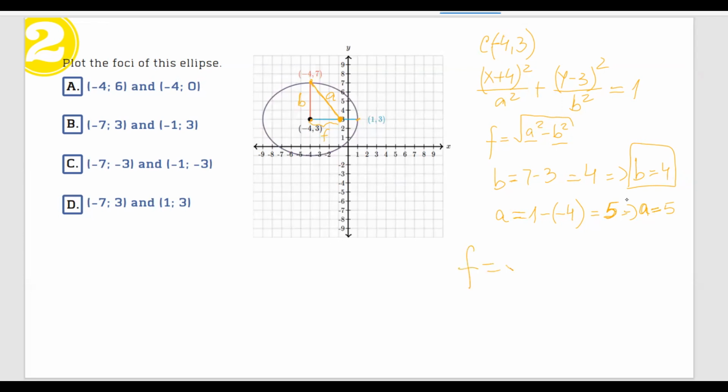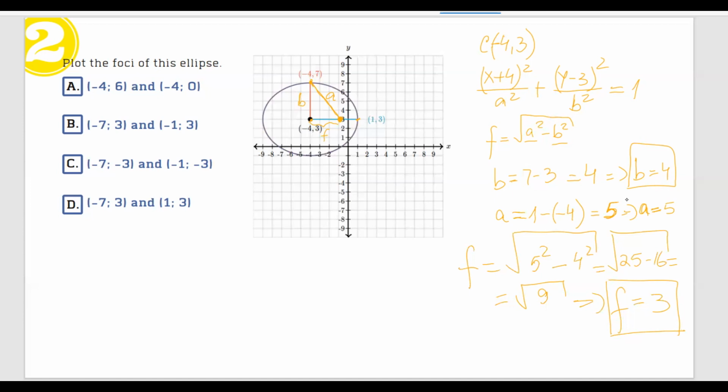The focal distance is going to be equal to square root of a squared, which is 5 squared, minus b squared, which is 4 squared. This gives me square root of 25 minus 16, and this gives me square root of 9. And I get that the focal distance equals 3.